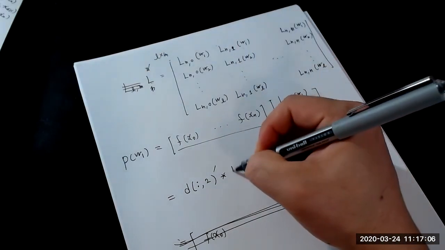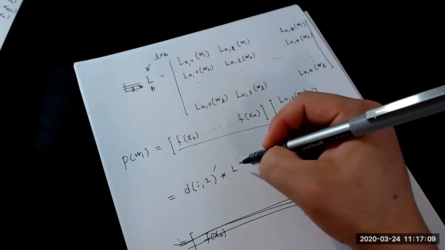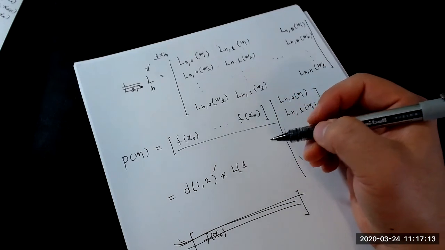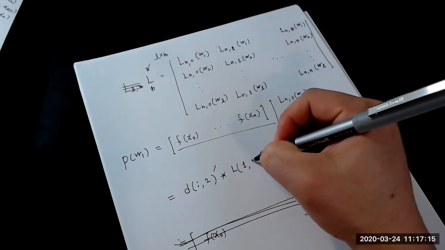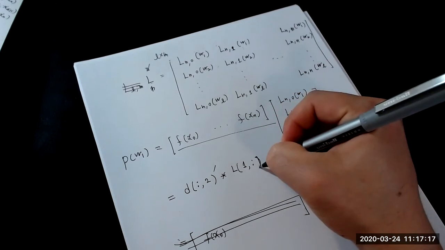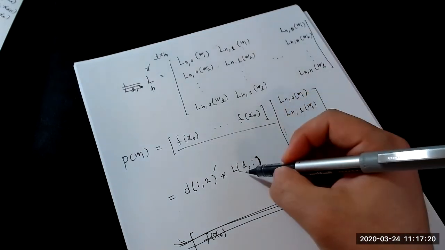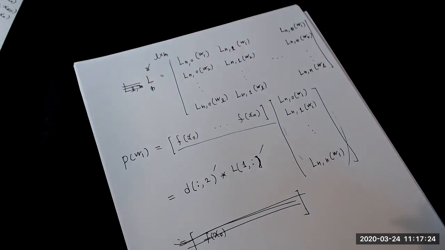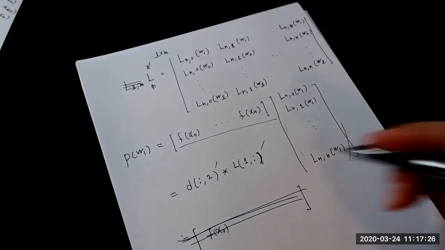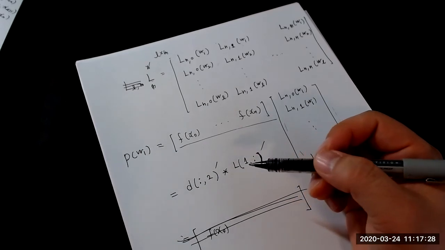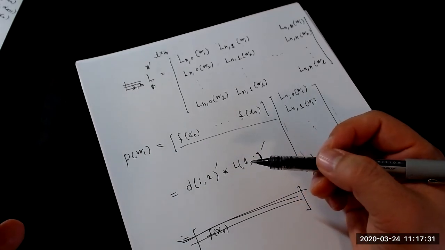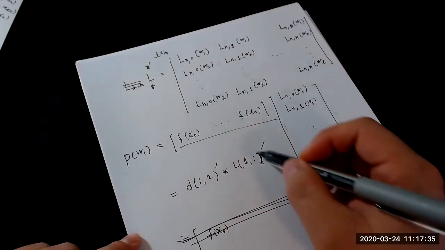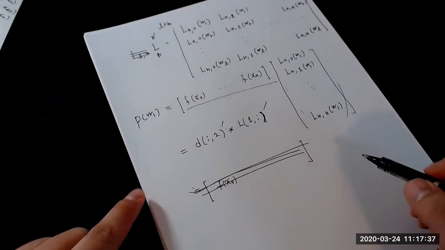So L, the first row and all of the columns. This is a row vector, but it should be a column vector, so we prime that. There is another way to express that inner product, but okay.